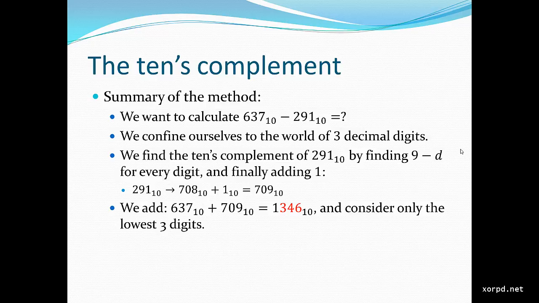If we would have chosen something else like 4 digits, then in this step we would have to consider 4 lowest decimal digits and not only 3. This is very important. Finally, we get that the result of the subtraction is going to be 346, just like here. And again, we managed to solve a subtraction problem using only addition and some mechanical operations.